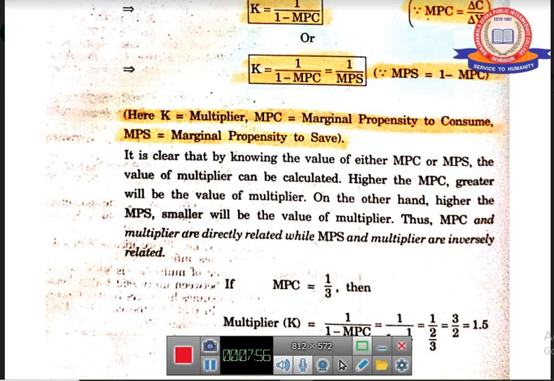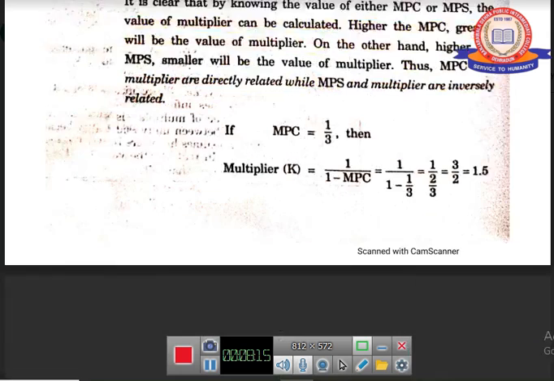So we can also say that MPC and multiplier are directly related, while MPS and multiplier are inversely related.